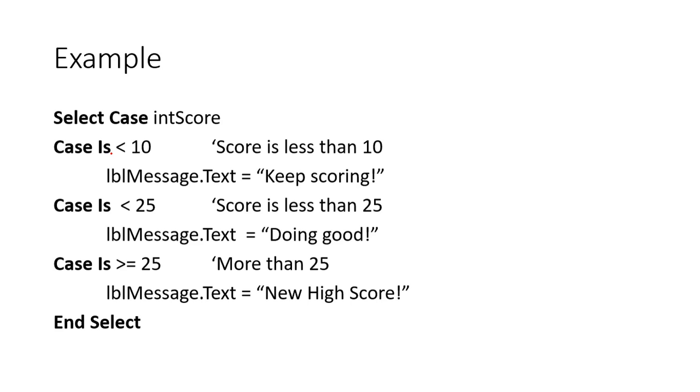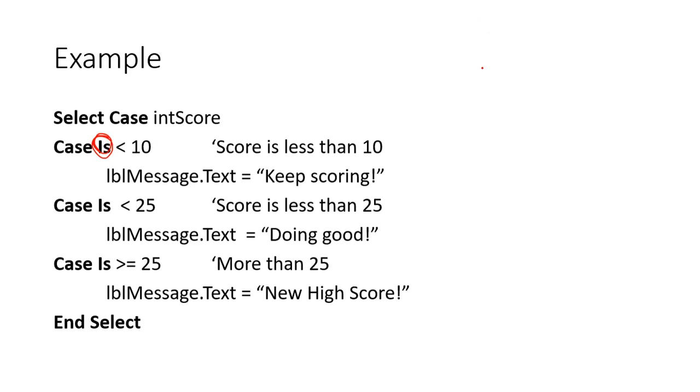Let's take a look at what that means. So I can have Case Is, notice this is kind of strange, they have that word Is in there, and then the less than symbol 10. So that is if the variable is less than 10. Case Is less than 25. Case Is greater than or equal to 25.